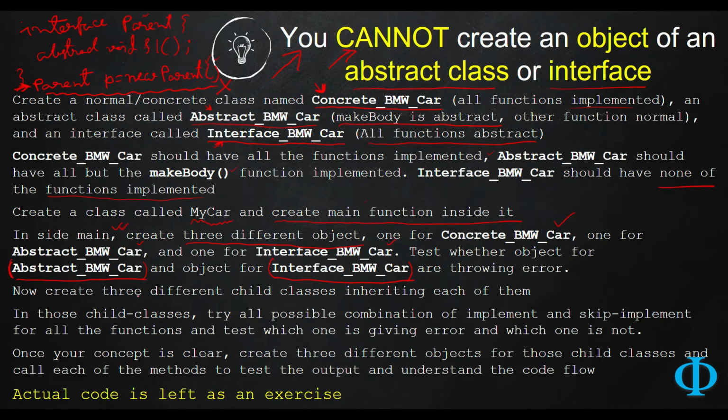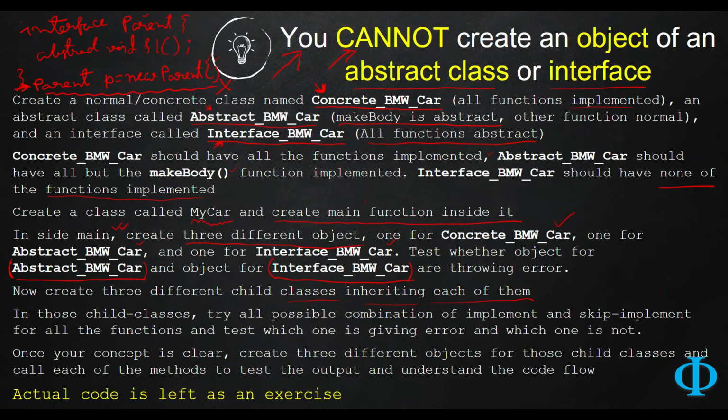Now let us do a more involved exercise after this. You can create three different child classes inheriting each of them. For example, you can give them names like child of concrete BMW car, child of abstract BMW car, and child of interface BMW car, so that it makes sense to you.